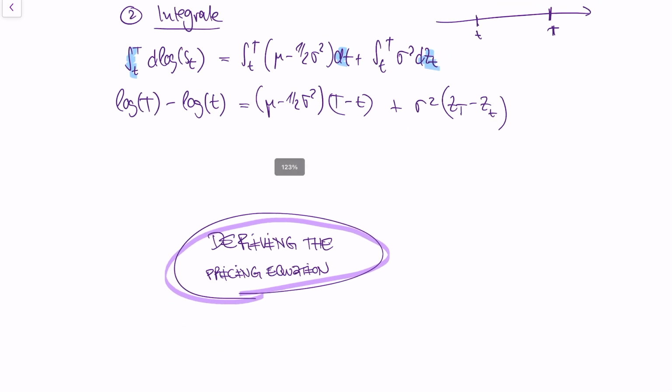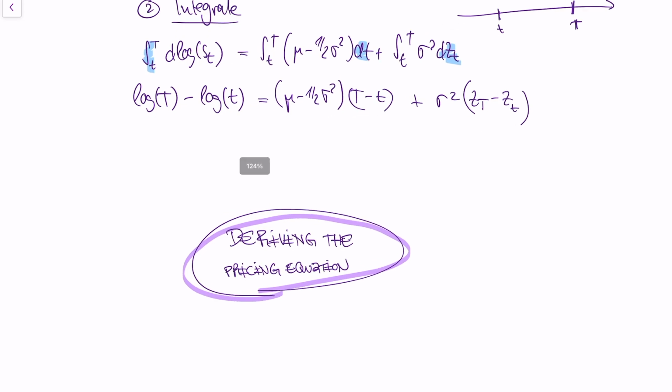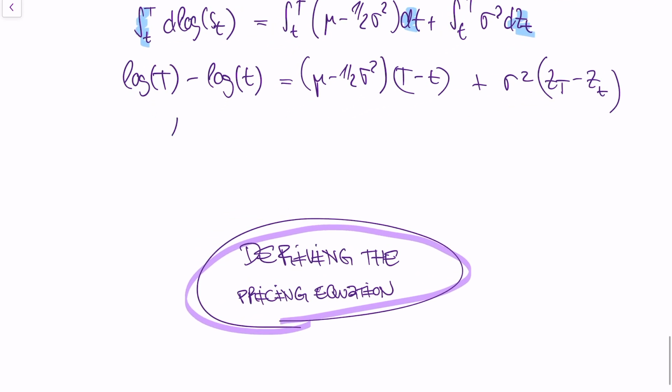Okay? And everything I need to do now is I can actually write this. Let me first write this differently. So log S_T minus log S_t can also be written as log of S_T divided by S_t, right? This is just the rule in logs. And let me now take the exponential function. So if I take the exponential of this, then the log just goes away.